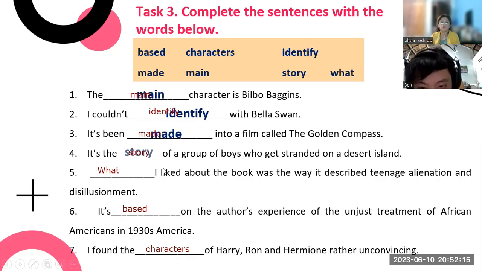It's the story of a group of boys who get stranded on a desert island. What I liked about the book was the way it described teenage alienation and disillusionment. It is based on the author's experience of the unjust treatment of African Americans. I found the characters of Harry, Ron, and Hermione rather interesting.